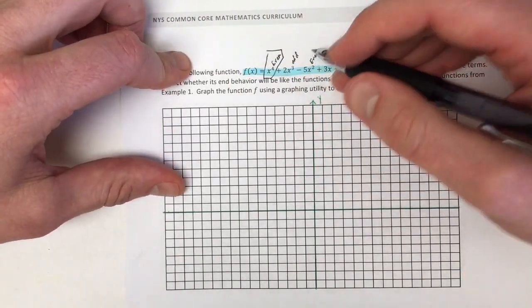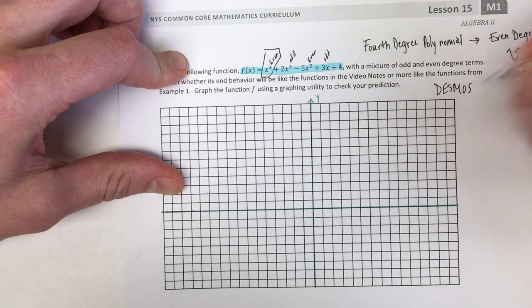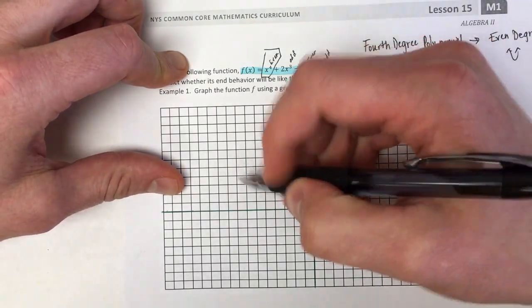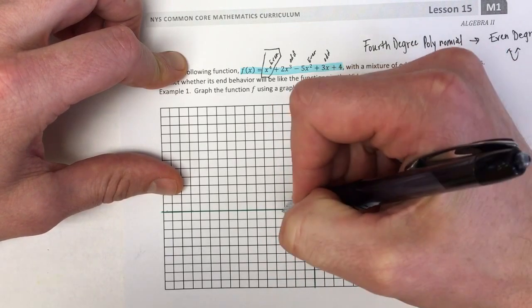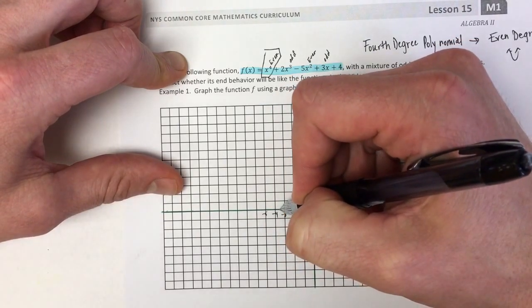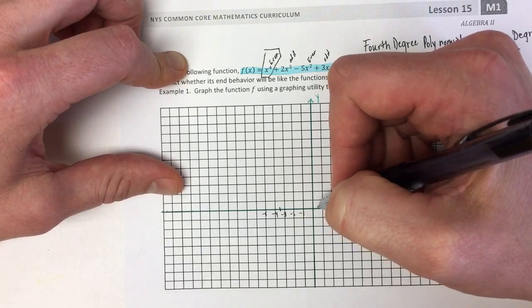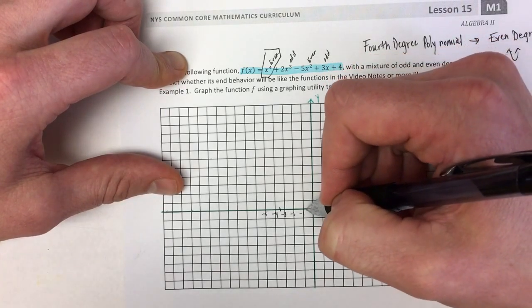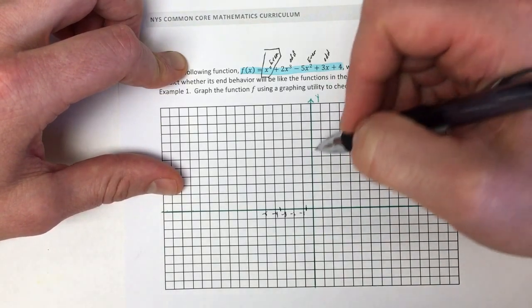So you could go on to Desmos, and this function will go kind of in between 4 and 5. So here's negative 1, negative 2, negative 3, negative 4, negative 5, and it kind of goes in between negative 4 and negative 3, and kind of comes back up really close to negative 1, between negative 1 and 0.